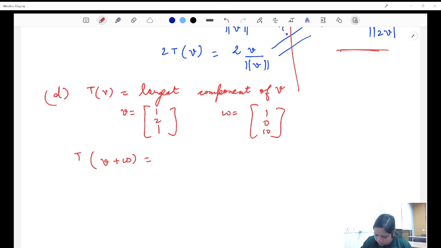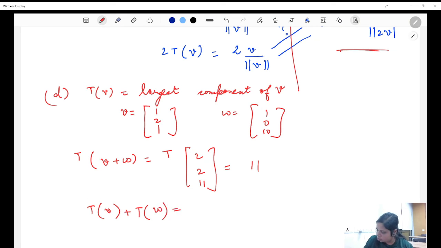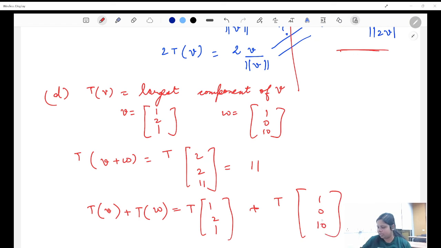So TV plus W is going to be the transformation on this to 11, right? So it would be 11 because the largest component is 11. Whereas if you write TV plus TW, it is going to be, sorry, individually, the transformation applied on 1 plus the transformation applied on 10.